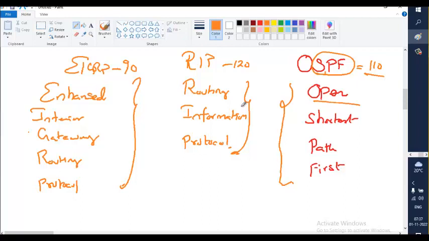It doesn't mean that other protocols are useless. That's the point that I'm emphasizing here again. We learn all this so that whichever suits our environment, we should put. Not because everyone uses OSPF, I'll use OSPF. In my environment, maybe RIP is better than OSPF.